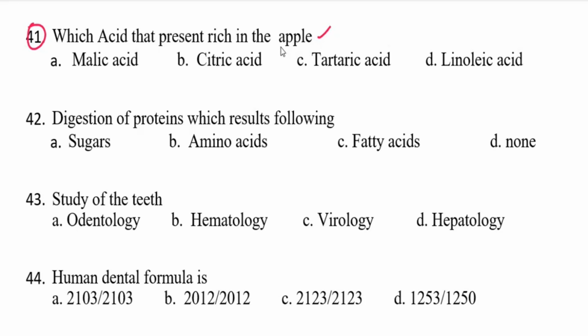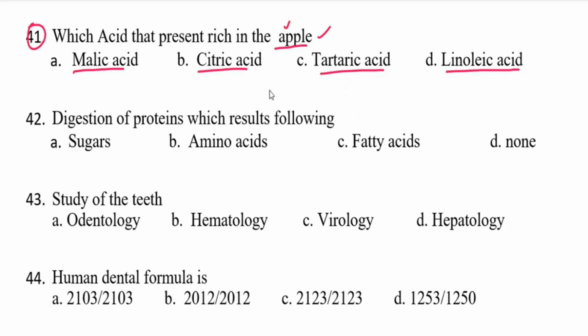This apple contains some acids, and one of them is present in very high content. So what is that acid? Here the options are malic acid, citric acid, tartaric acid and linoleic acid.